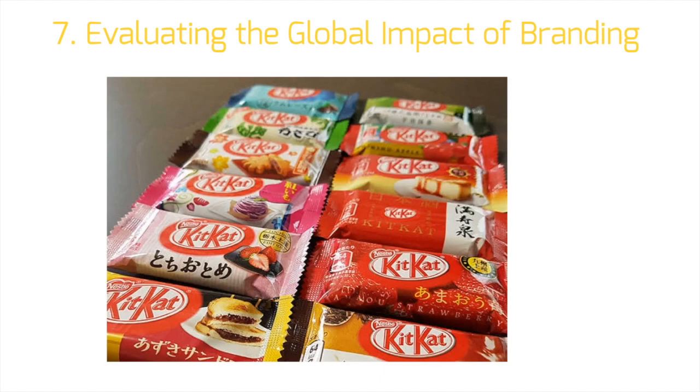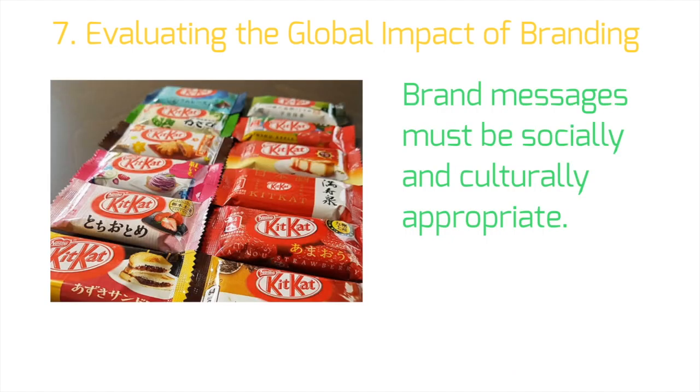And so you can see that products are branded quite differently for different geographical markets, because these modifications are made to really appeal to the local market's consumer tastes. And what's important to remember is that brand messages and advertising must be socially and culturally appropriate.